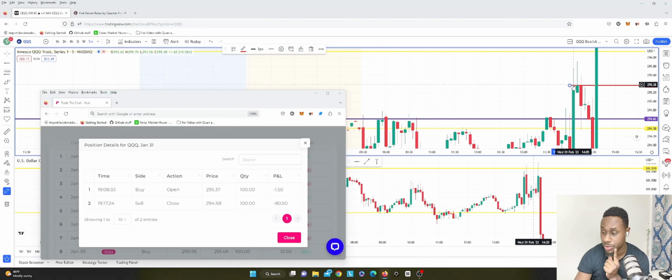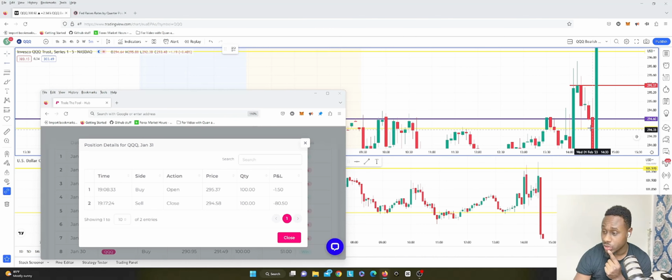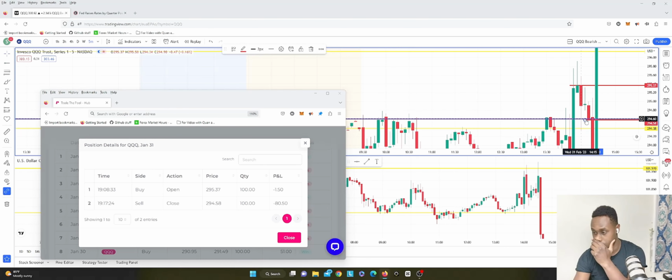So I entered here to the buy side. And then it came right back down. So I put it below the weekly level here. And it still took me out on this one, two candles later. 294.58 took me out.